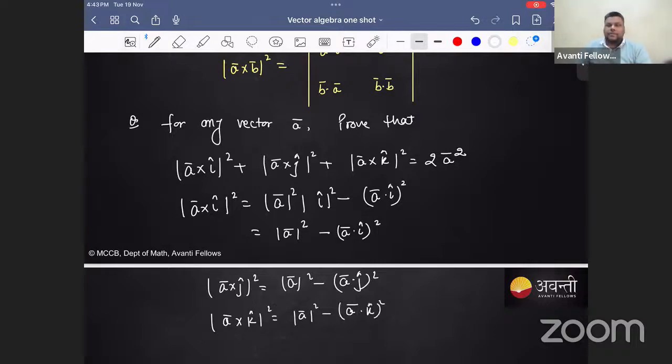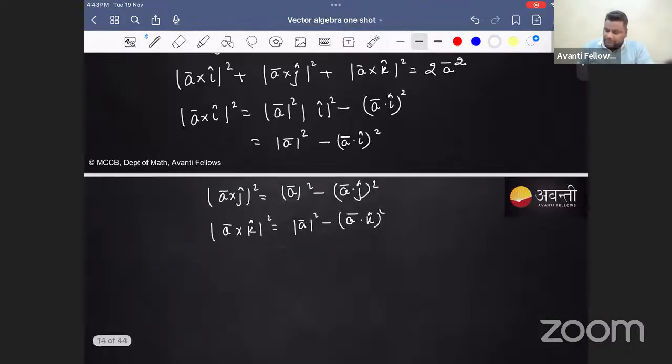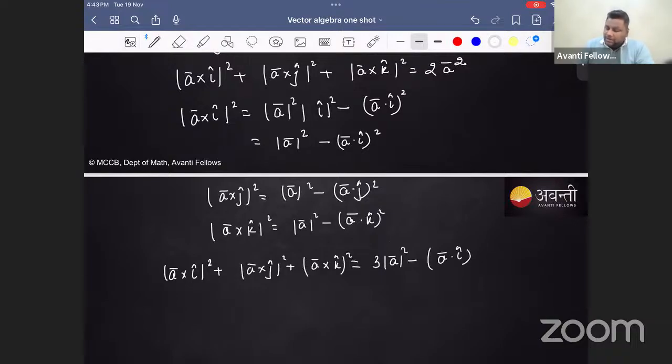All right. Now, if I add all of them, the sum of the mod squares is thrice magnitude A square minus A dot I cap square minus A dot J cap square minus A dot K cap square.